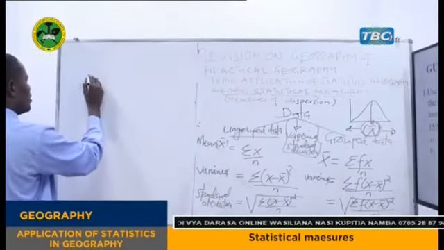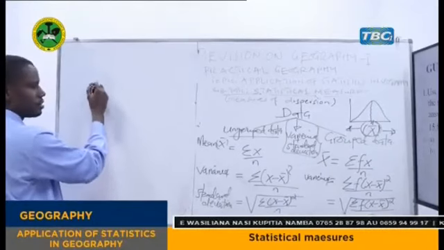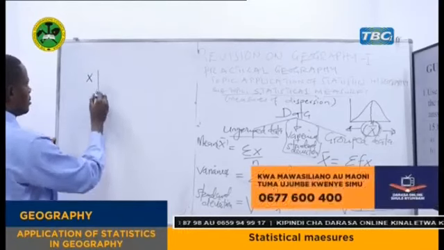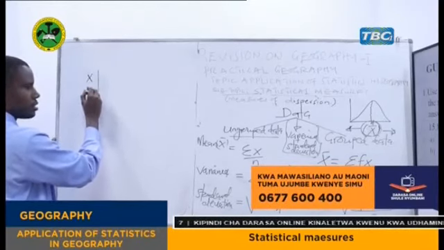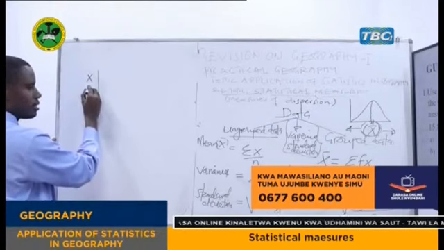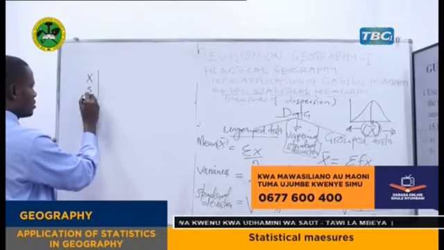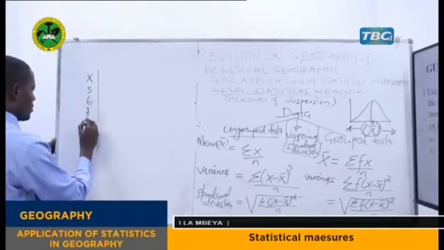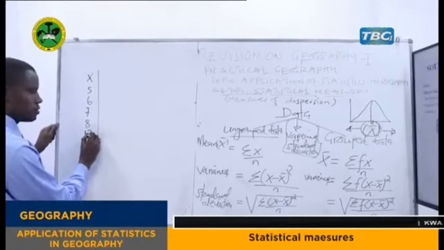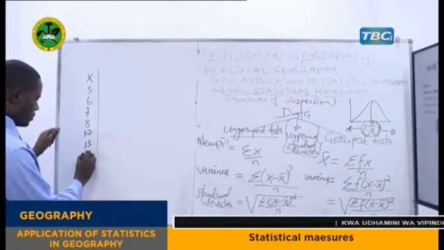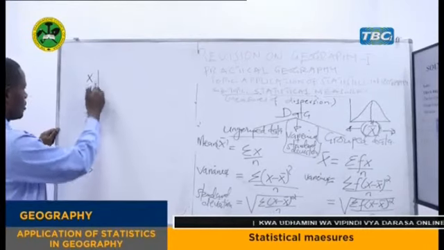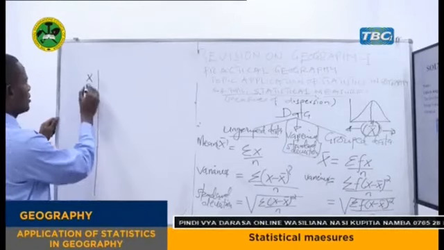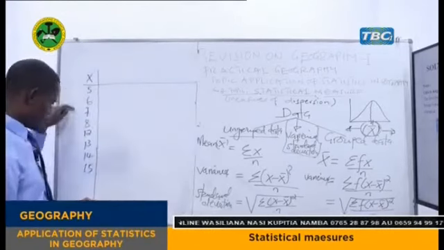We should develop the table, because the data given starts with x, and for x we have 5, 6, 7, 8, 12, 13, 14, and 15. That's 1, 2, 3, 4, 5, 6, 7, 8. It's okay. So this is the first column, just for x.